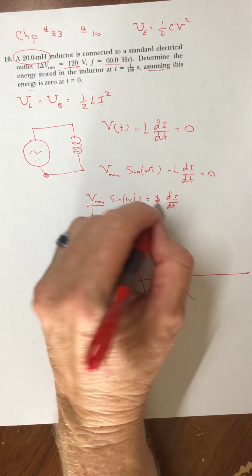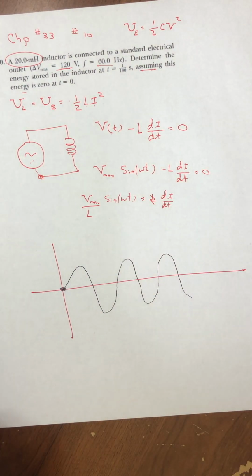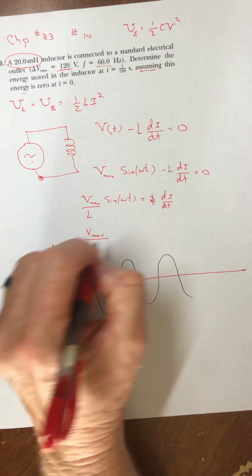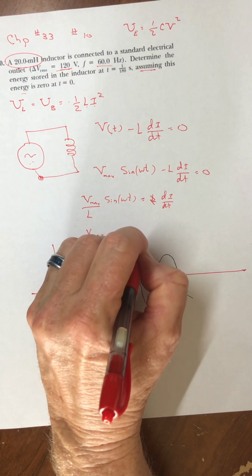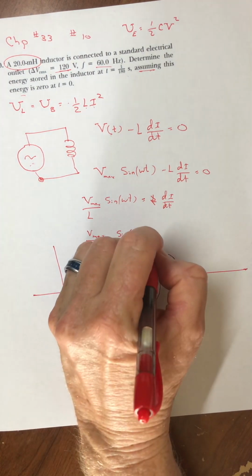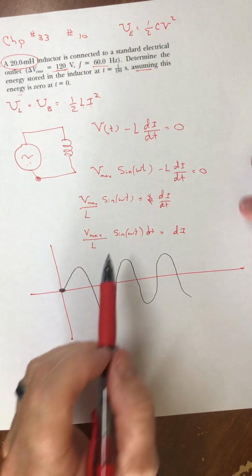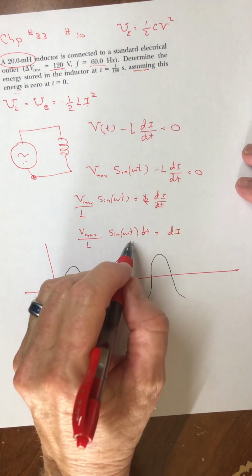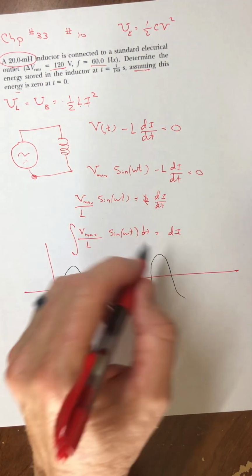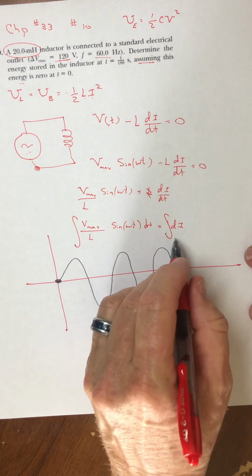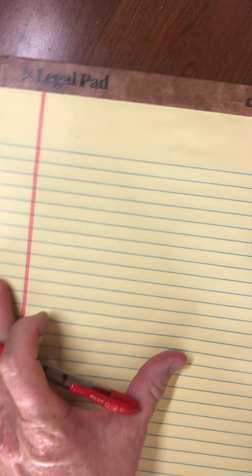If we move L to the other side, we finally integrate. That is, we have a separation of variables. We put everything with t on one side and integrate, and then we put everything with I on the other side and integrate. Let me just get a notepad here, call it page 2, okay.